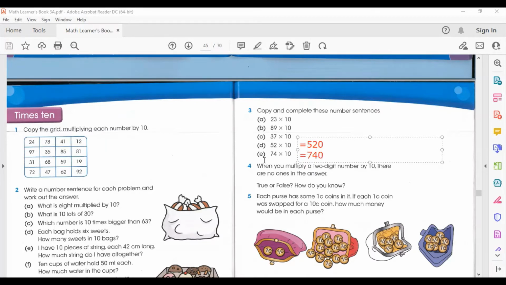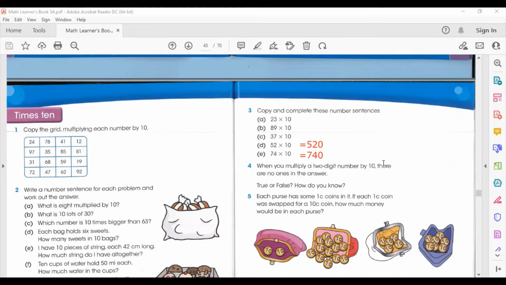740. Okay, when you multiply a 2-digit number by 10, there are no ones in the number. Obviously no ones, because it's changed into 0. I told you before, when the last digit at the ones place value, it will change into 0.